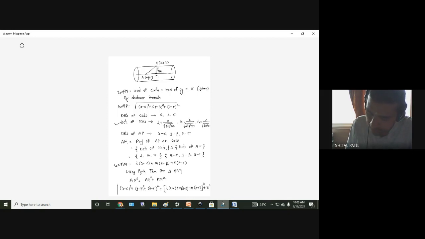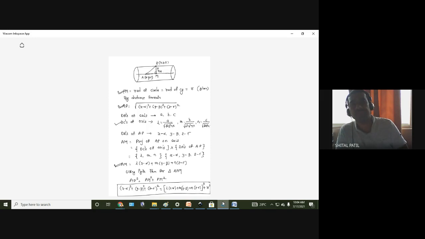This is the equation of right circular cylinder. That's it. आ गया सबको समझ में? लिख दो. Right? In this way, we have to find the equation of right circular cylinder. That we'll study in the next lecture.